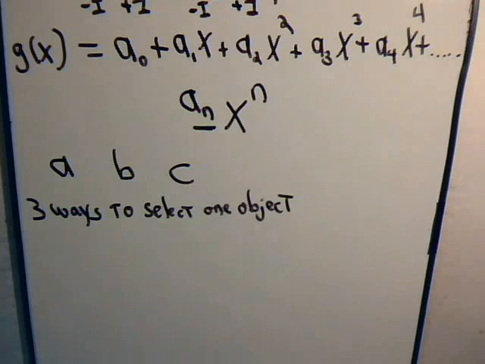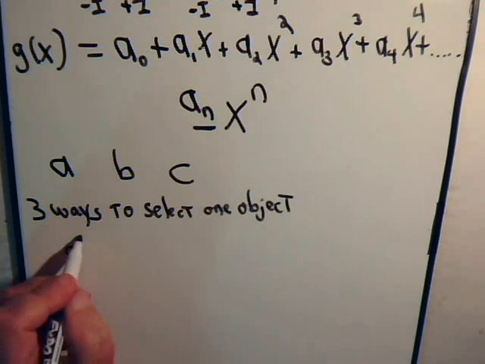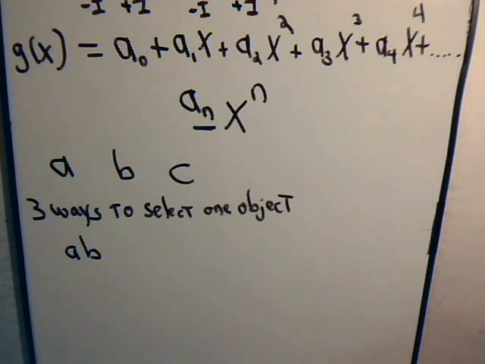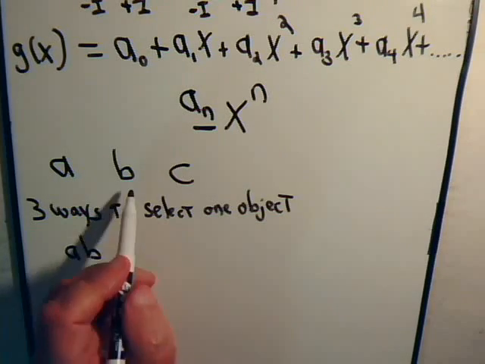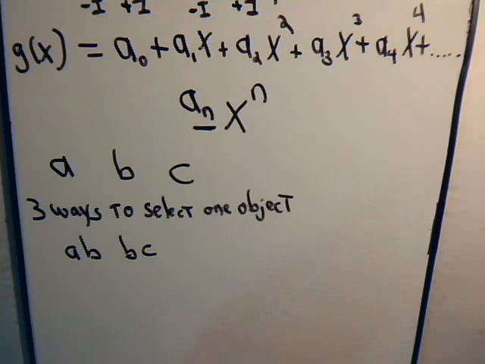Okay, suppose you want to select 2 objects, and again the order doesn't matter. How many different ways can we do that? Well, we could choose AB, we could choose BC, we could choose CA.